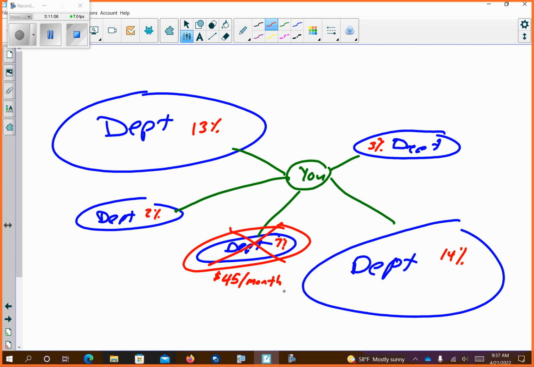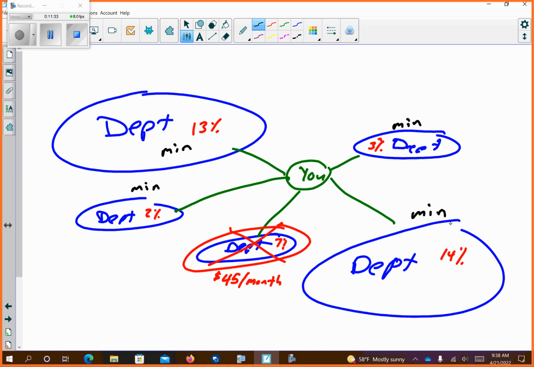If you keep paying $45 per month, it's going to take you 26 years to pay off this item, and it's going to cost you way more. And this all accounts back to Rex the salesman, all that kind of stuff. It's a jip. So what you want to do is you want to somehow figure out, just keep paying the minimums on all of these, and that's fine.